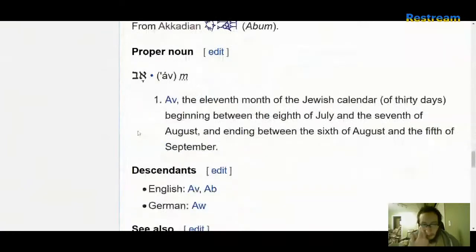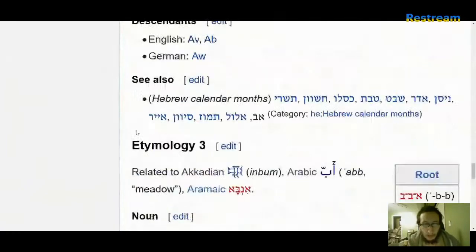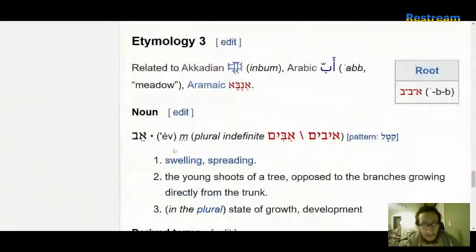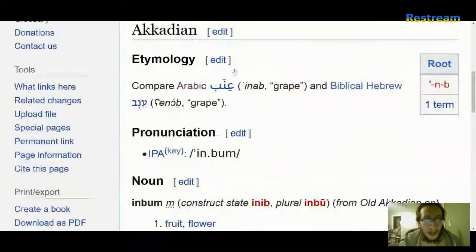But so that was etymology number 2. Etymology number 3 is the shoot. So here we see it has the N. Arabic spells it the same as Hebrew, but Aramaic spells it the same as Akkadian with an N. See? So if we look, this is the Akkadian word.